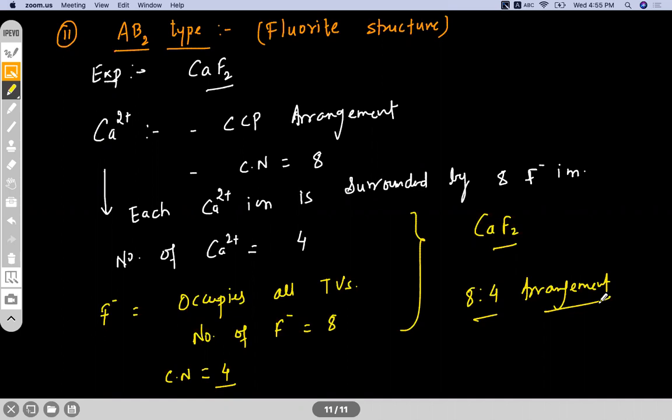1 second, guys. Yeah, done. So this is the AB2 type fluorite structure we have.